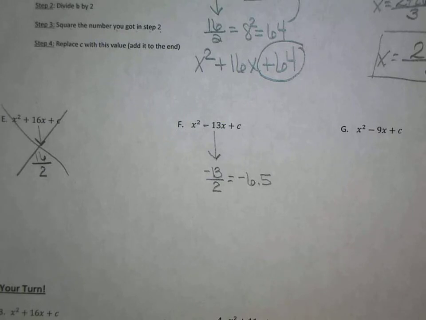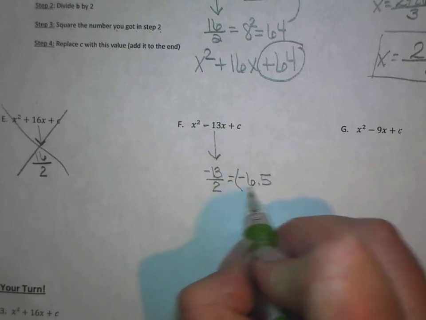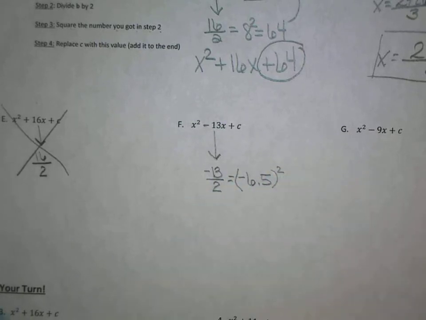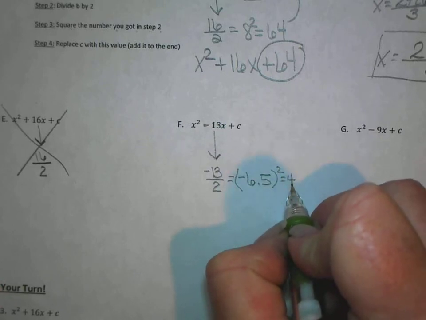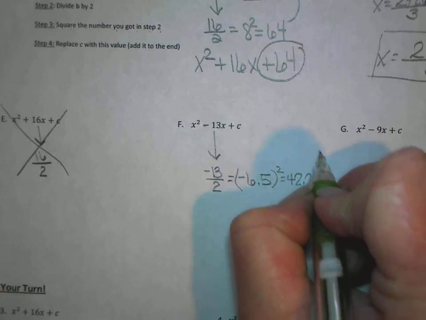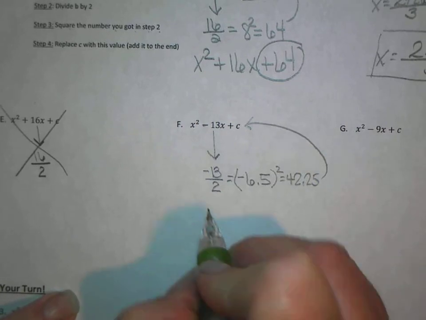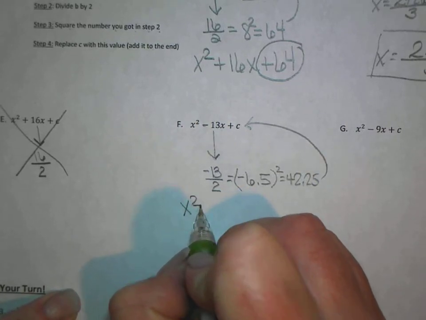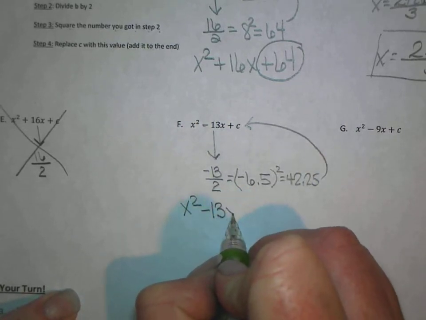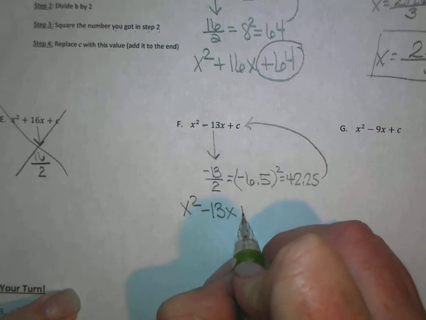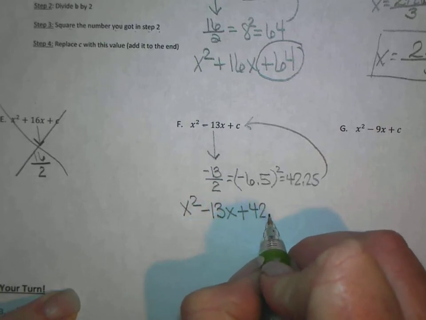You're going to do negative 6.5, and then you're going to square it, which is going to give you 42.25, and that's what's actually going to go on the end here. So the answer to this would be x squared minus 13x plus 42.25.